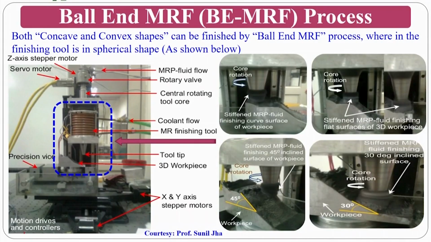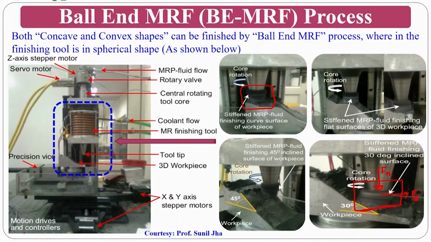Okay. So you can see here that it is forming a stiffened part of this MR finishing fluid, and you can give some rotation so that the finishing action will take place. Because of the magnetic field strength and depth of cut, you are going to get Fn, and because of the rotation you are going to get the shearing force.